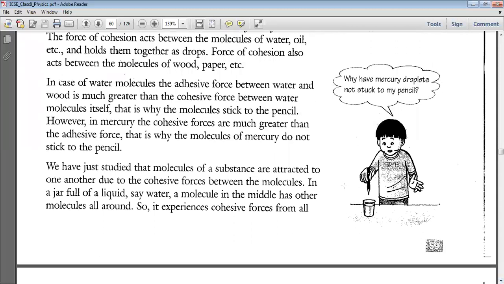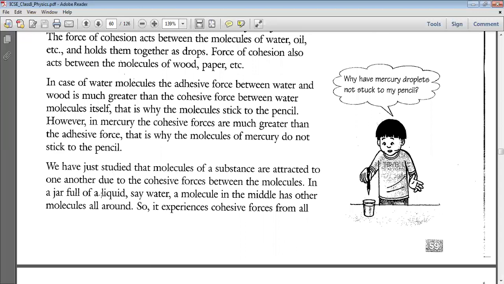Now we have just read that molecules of a substance are attracted to one another due to the cohesive forces between the molecules.